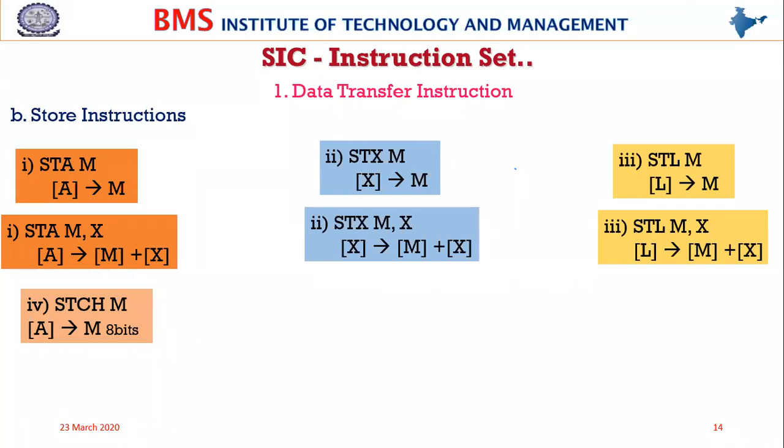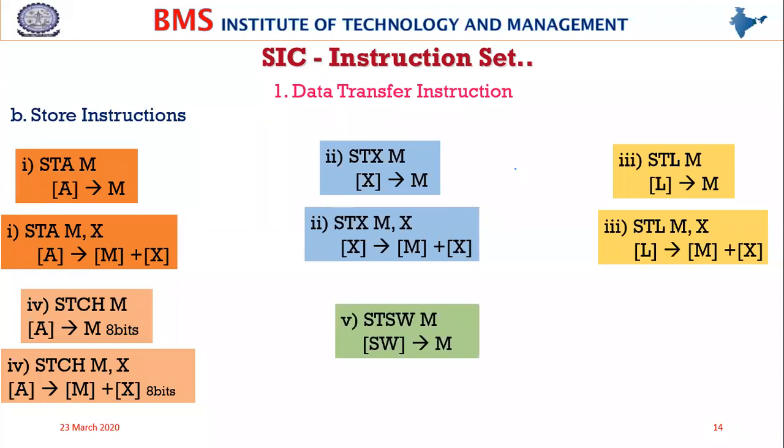And when you are storing a character, the character must first be present in the accumulator and then it is transferred. That's how it works. So the indexing way of storing a character, STCH M comma X, stores the accumulator to that memory location which is obtained by adding contents of X with the address of M. So this is the thing, right?